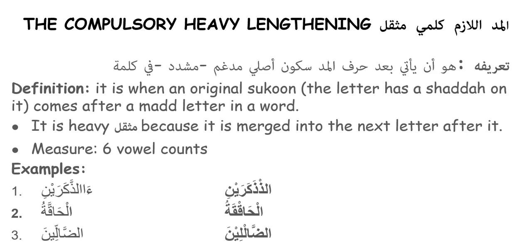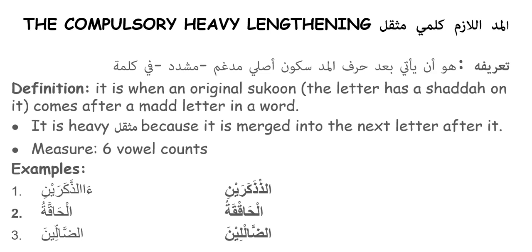So when we split the shadda out, it means we have two identical letters, because shadda is a term used for two identical letters, of which the first one is having sukun and the next one is having a vowel. Now looking at the example here, after splitting the word dhakaron, you can see that the first dhal is having sukun and the second dhal is having a vowel.